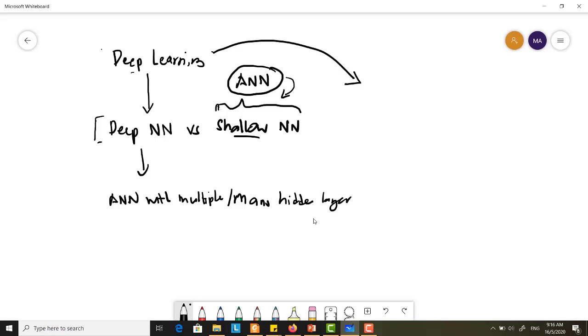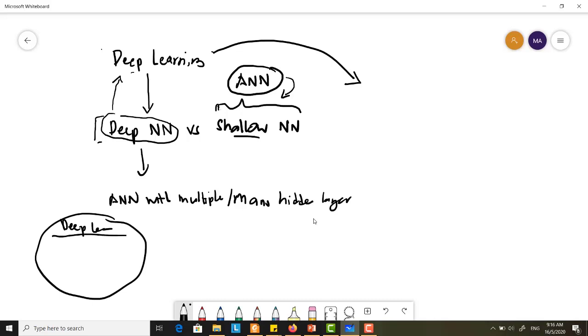But in some sources we cannot say that deep learning refers to deep neural network, because a deep neural network is one example approach under deep learning. You cannot say deep learning is actually a deep neural network. Deep learning is just a type of approach, and one of the examples inside it is the deep neural network.